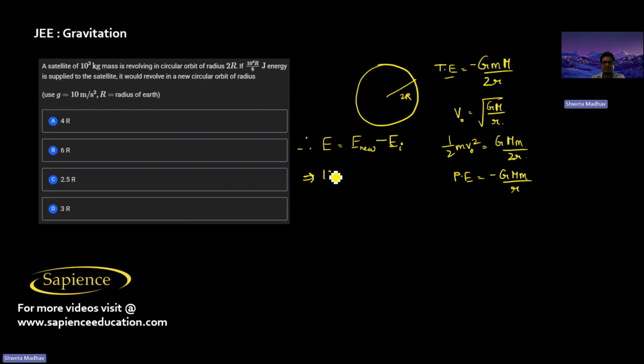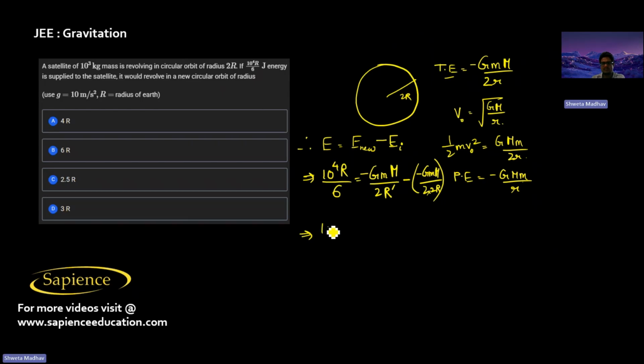The energy supplied is 10 power 4 r by 6 joule. That is equal to the new energy, minus GMm by 2 r dash, minus the initial energy, that is minus GMm by 2 into 2r, which is 4r.